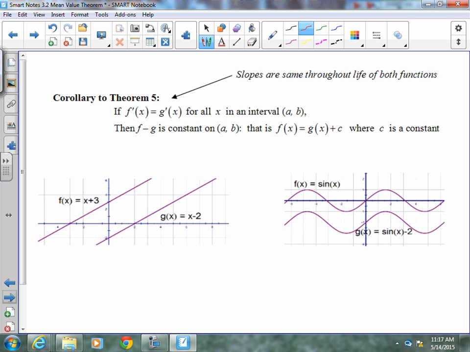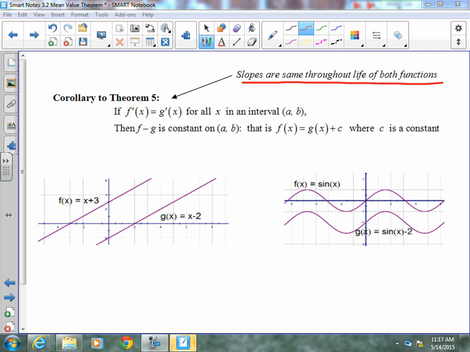Now here's a corollary to Theorem 5. If f prime of x equals g prime of x for all x in an interval from a to b, meaning the slopes are the same throughout the life of both functions, then f minus g is a constant on a to b.